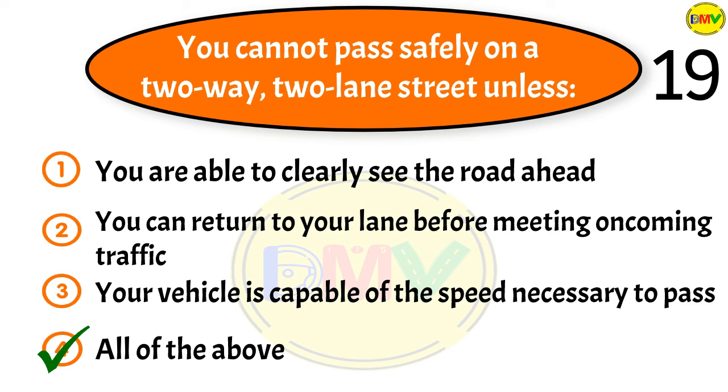The correct answer is 4. You cannot pass safely when driving on a two-lane street unless you can clearly see the road ahead, you can return to your lane before meeting oncoming traffic, and your vehicle is capable of the speed necessary to pass. Do not pass where it is illegal and unsafe to do so.